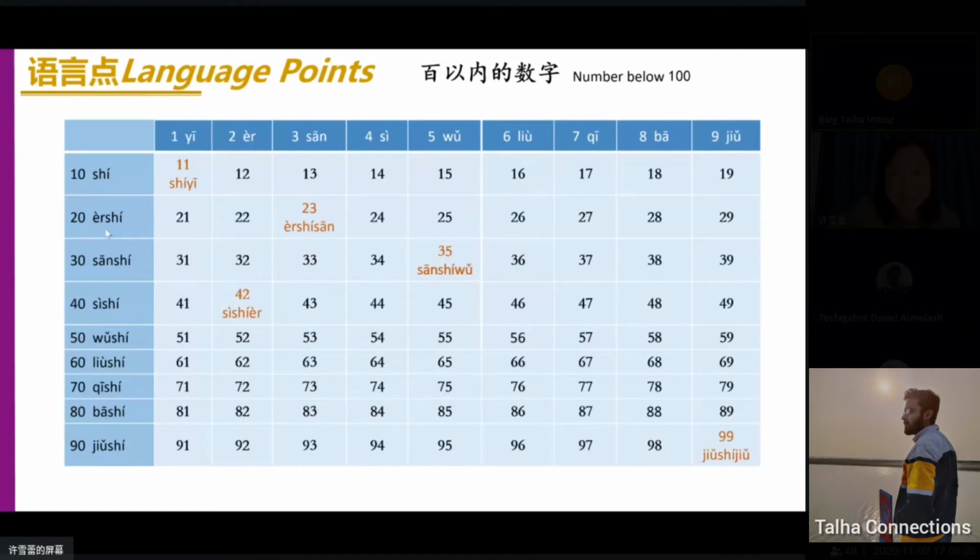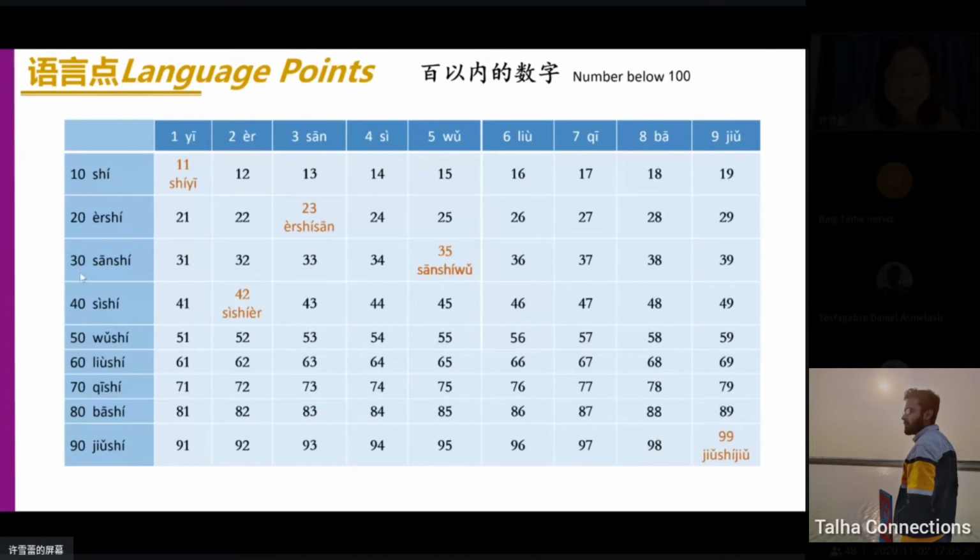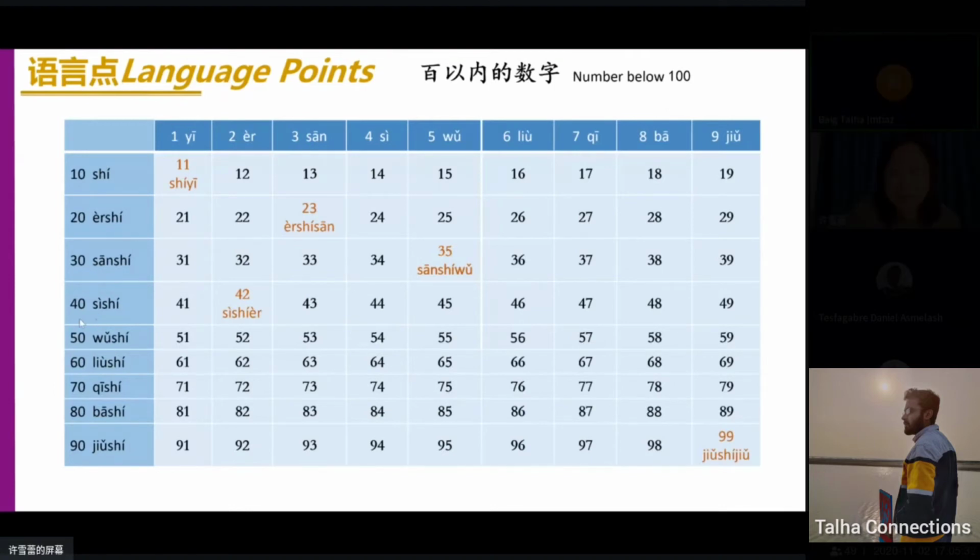Okay, 20, 30, 40, 50, 60, 70, 80, 90, once more after me.